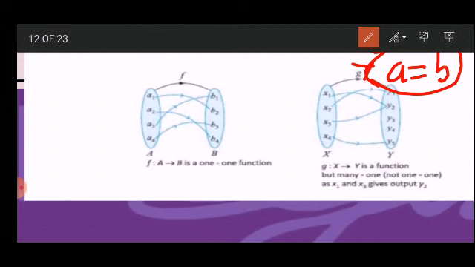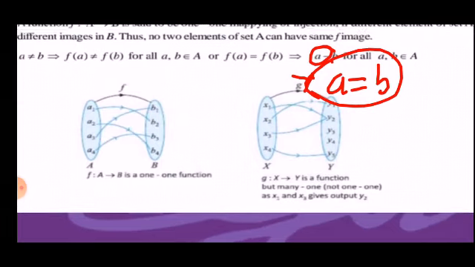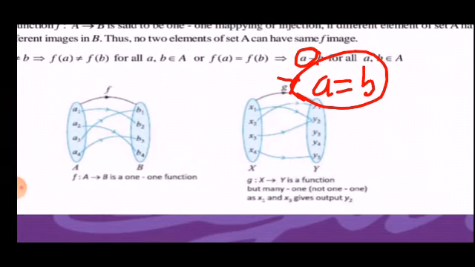If you mind this point, each and every element in the domain set has a unique image in the set B, one and only one image in the set B. Of course, this is for function.